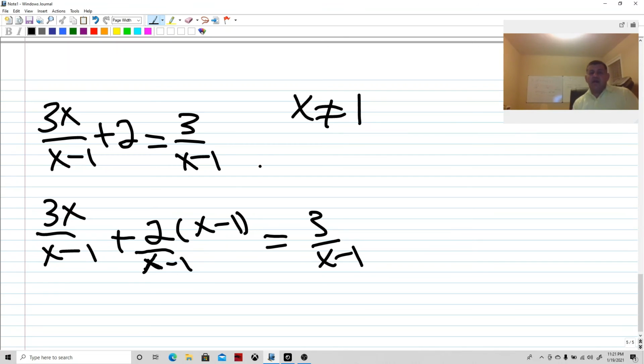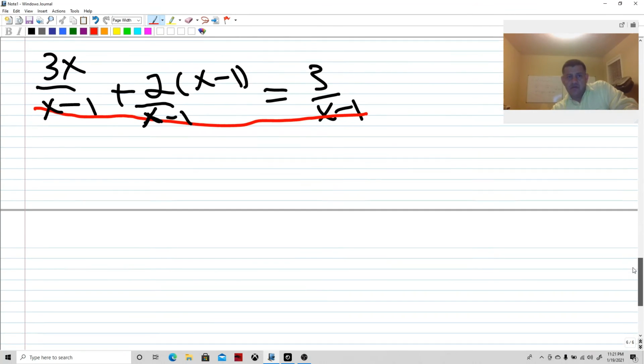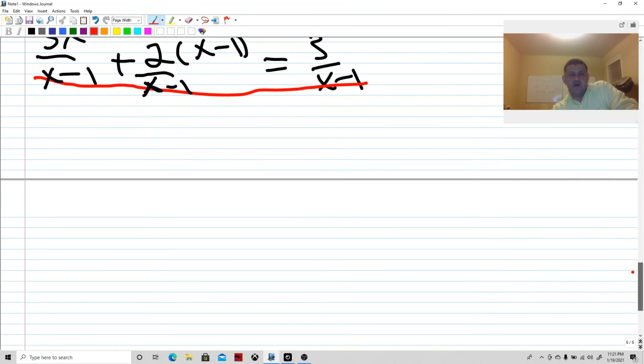So notice what happened here already. I can actually see that this denominator just cancels out. See that? Okay. So now I can just rewrite the problem like this.